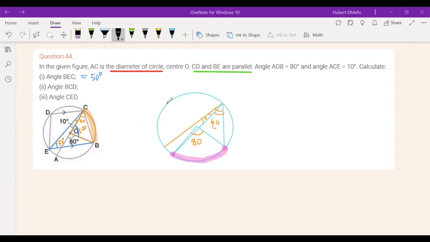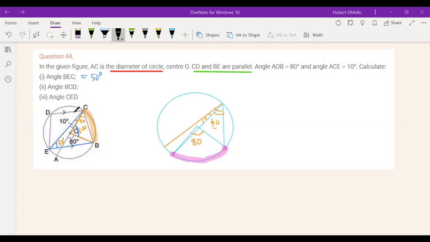Angle ECD would also be 50 degrees. Okay, good. ECD is 50 degrees.